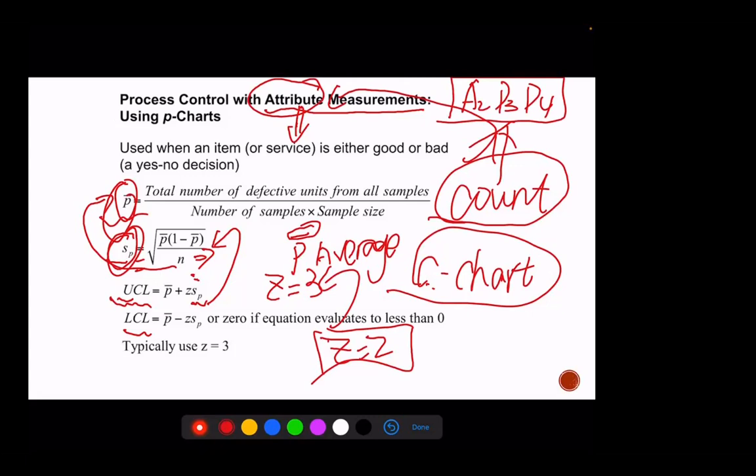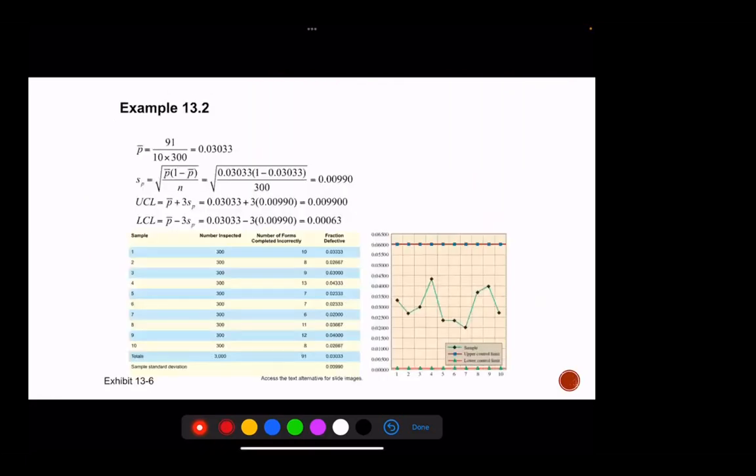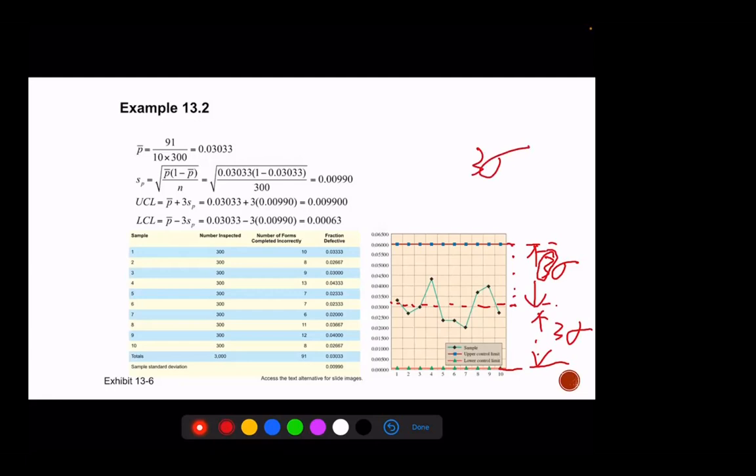And Z equal to 3 means if we have a center line over there, this upper side is 3 sigma, and this lower side is 3 sigma too. For these questions, we use 3. It means each side is 3 sigma. So we have around 6 sigma, and the confidence level is above 99.74% of the data we involved in our calculation.